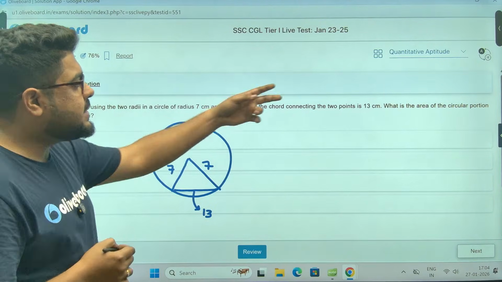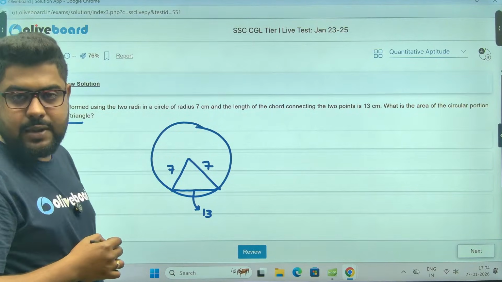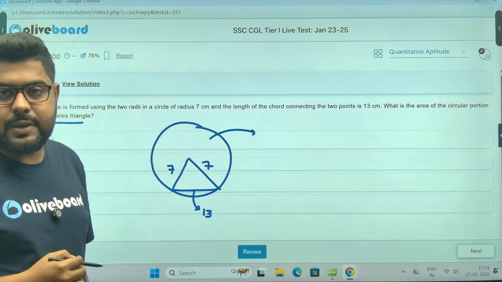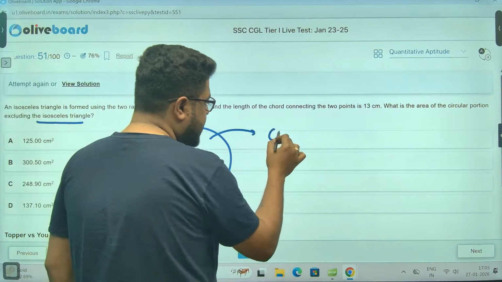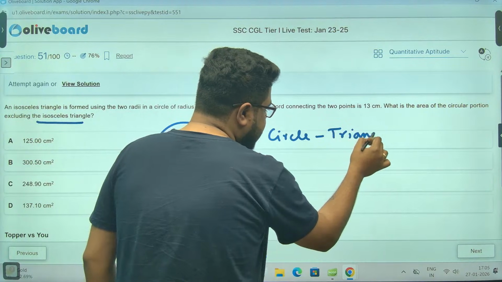They are asking what is the area of the circular portion excluding the isosceles triangle, meaning area of the circle minus area of the triangle.